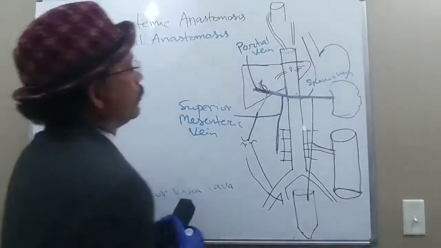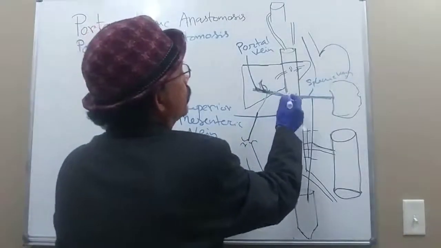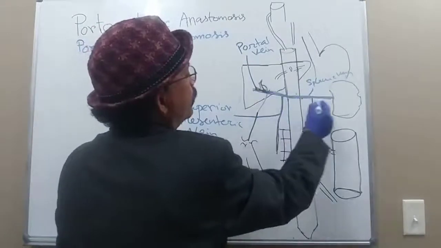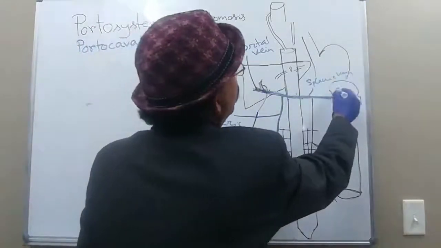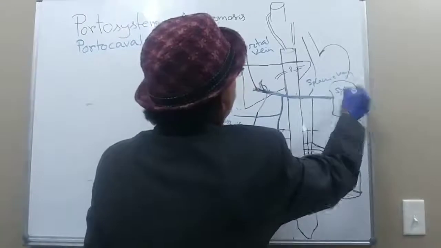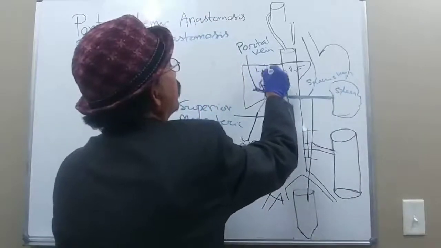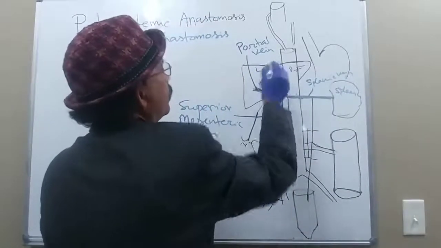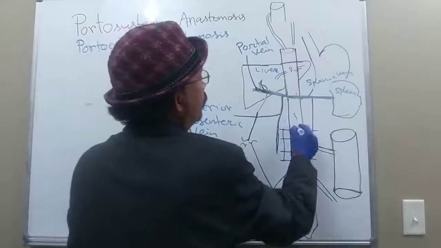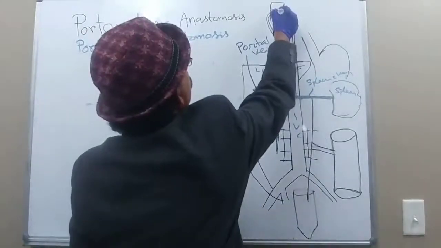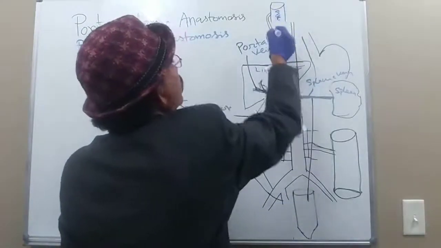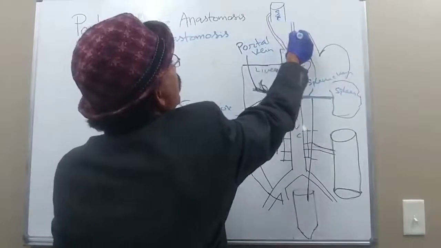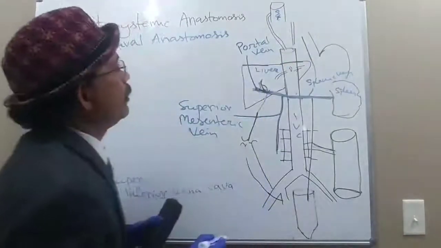Here is the formation, and this is the portal vein, this is the splenic vein, this is the spleen. This is the liver, and this is the inferior vena cava, superior vena cava. This is the azygous vein, hemiazygous vein.